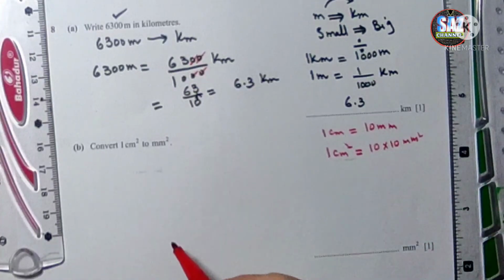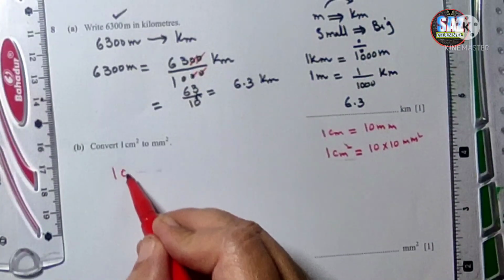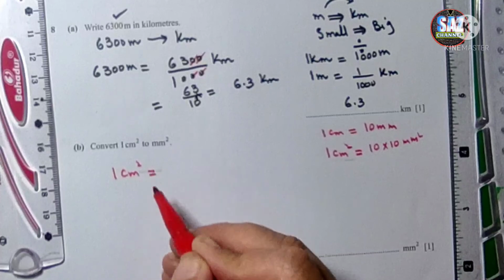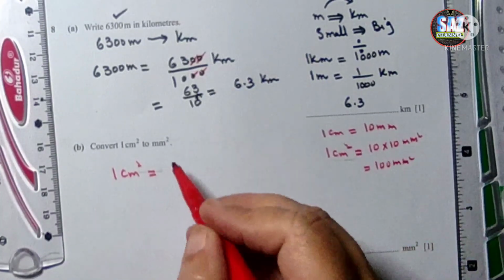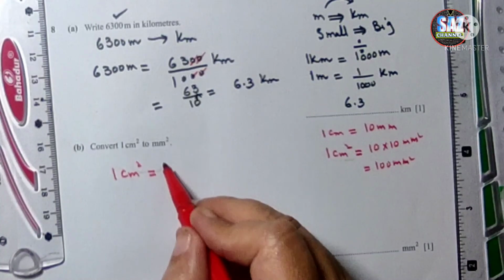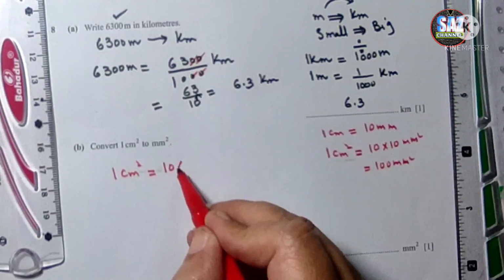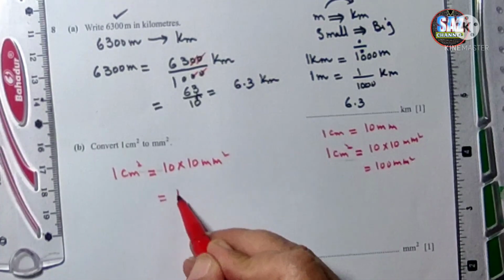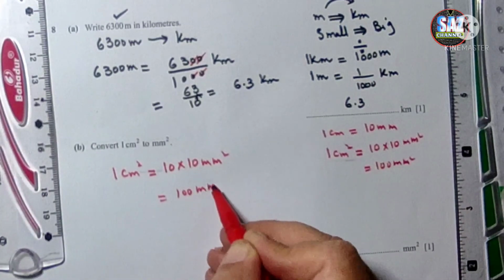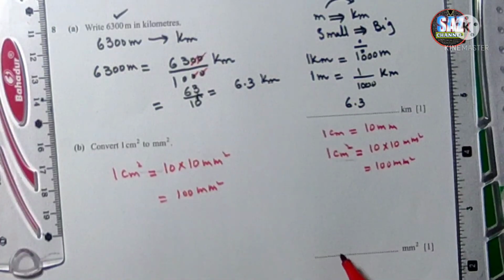So 1 cm square will be equal to 100 millimeter square, and this will be our final answer.